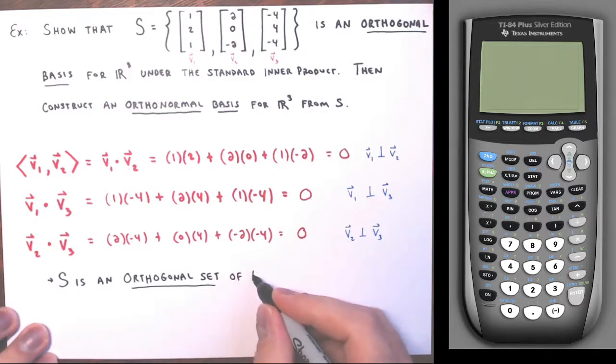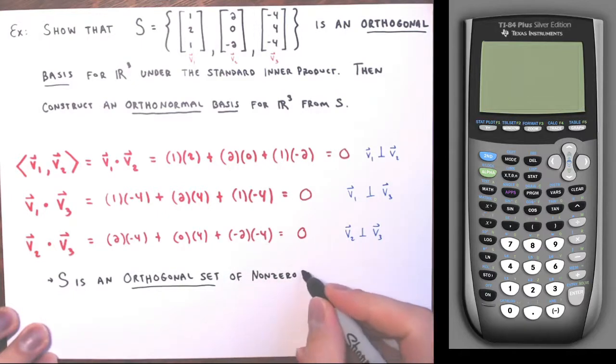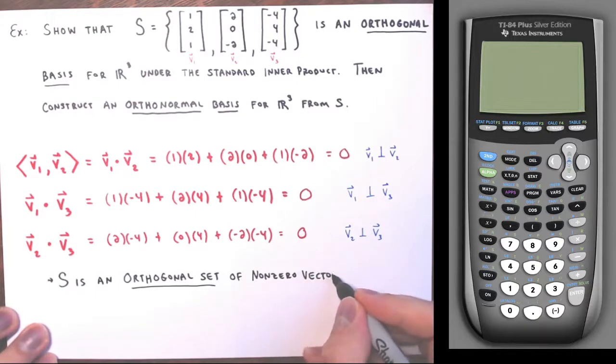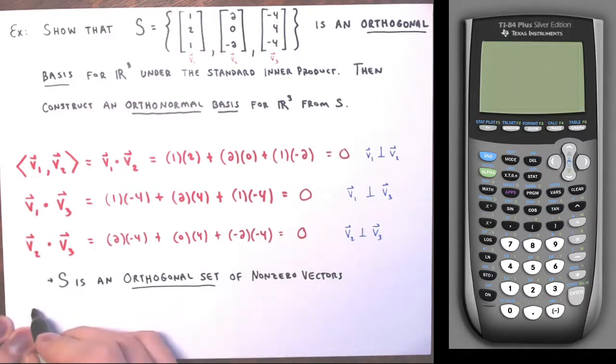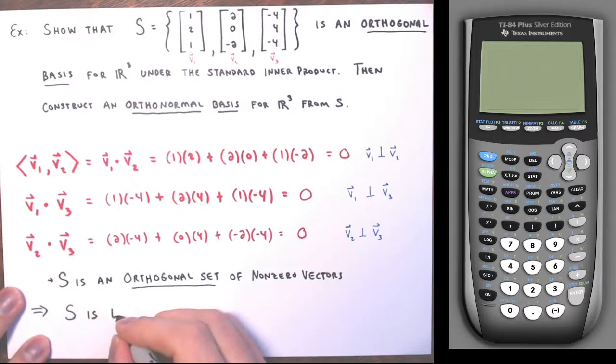Well, by the result I just showed you on the previous page, if it's an orthogonal set of non-zero vectors, then the set is a set of linearly independent vectors. Therefore, S is linearly independent.